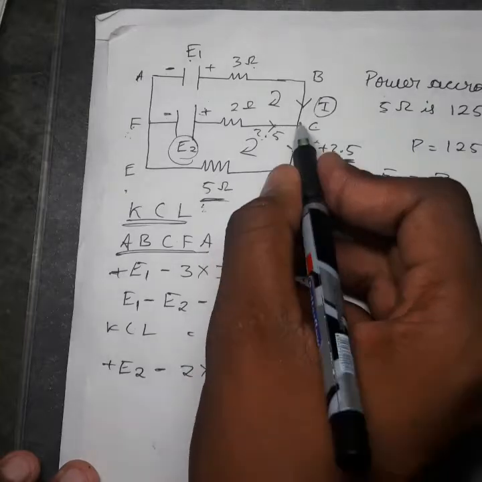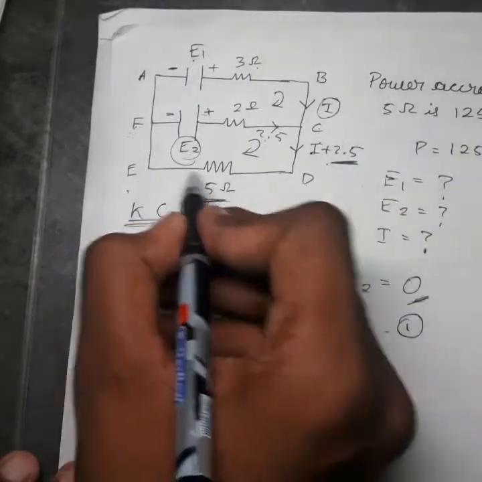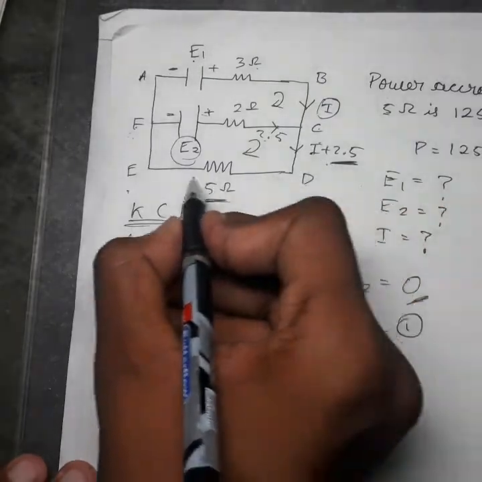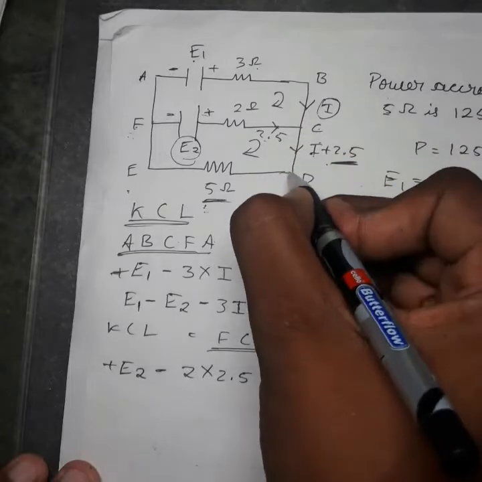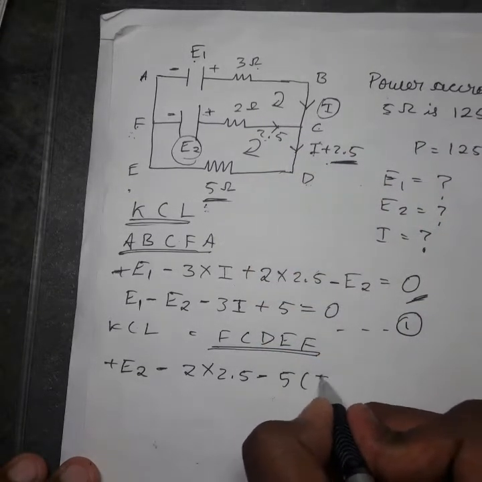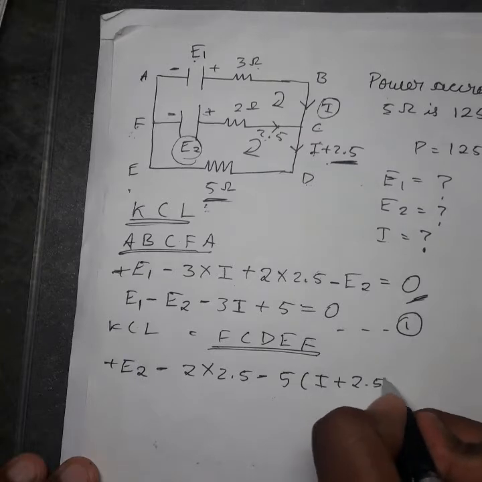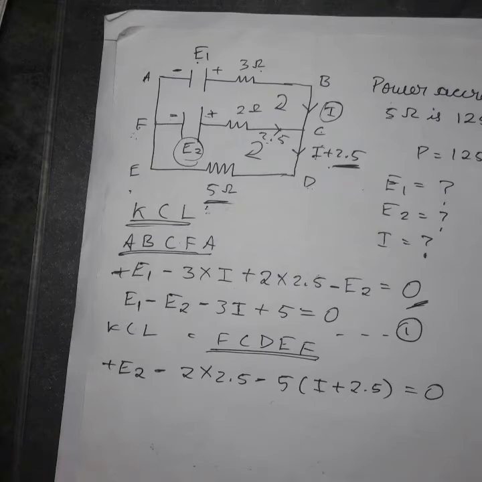Similarly here I don't have any coil. From C to D, from D to E, I have a coil of 5 ohms, and the current through this is I plus 2.5, which is in the direction of the current, hence I take it as minus 5 times of I plus 2.5, which equals 0.